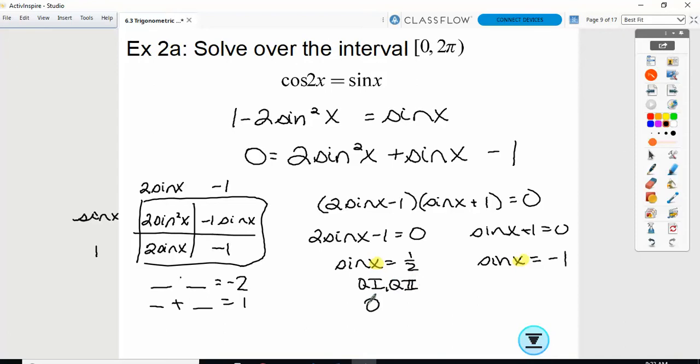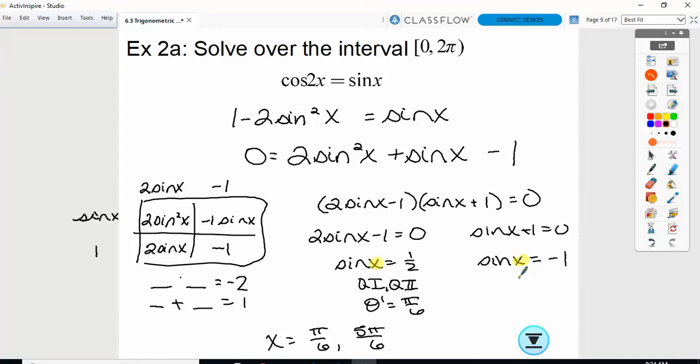So if sine is positive, that's quadrants 1 and 2. Reference angle, when does sine equal 1/2? We are in radians. So pi over 6 in quadrant 1 is pi over 6. In quadrant 2, sine x equals -1.